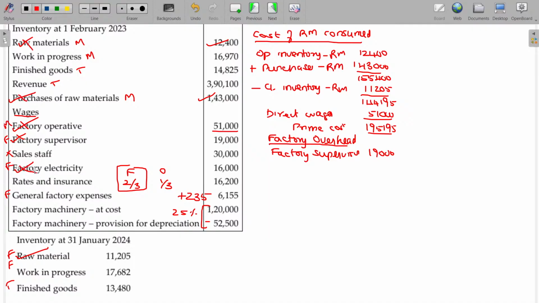Factory electricity, the value being 16,000. Rates and insurance, only 2/3. You have to calculate only 2/3 of 16,200, and 2/3 on that being 10,800.